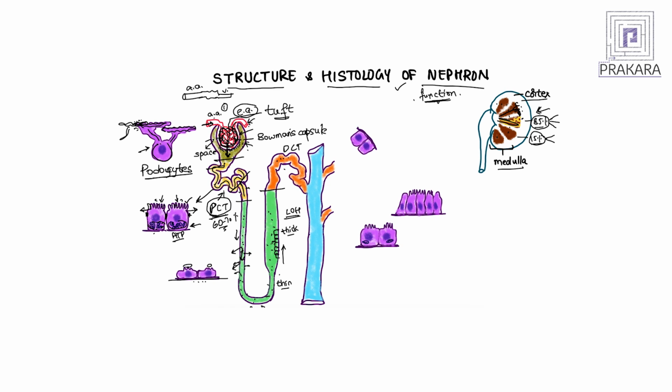The distal convoluted tubule again has cuboidal cells which have very little brush border and only a few mitochondria. They, like the proximal convoluted tubule, are also involved in the reabsorption of important solutes like sodium and chloride.